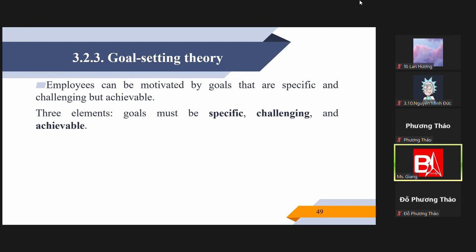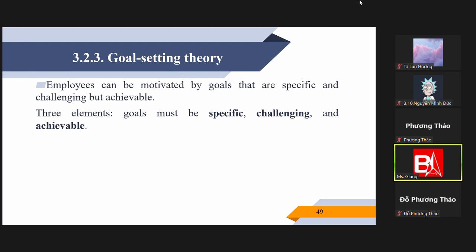Employees can be motivated by goals that are specific and challenging but achievable. So the motivation of an individual is linked to goal, and in order to make employees motivated, the goal should be specific and challenging but achievable.